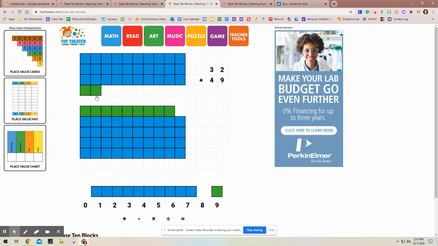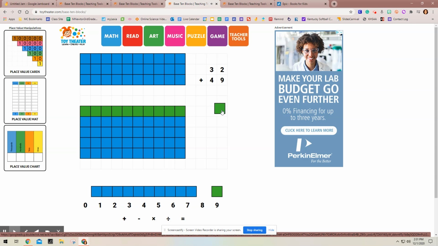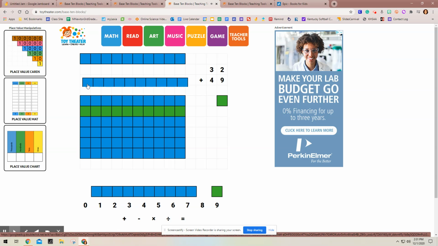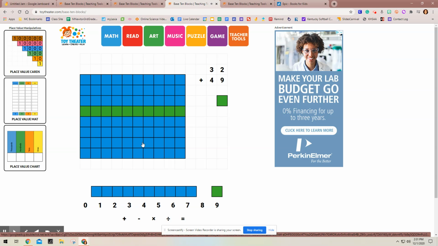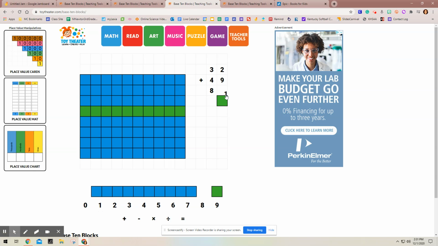We need to make sure we group those up. Well, I just need one more to make this a 10. And that leaves me with 1 left over. So I'm going to drag this down. Now I got to see how many 10s do I have? 1, 2, 3, 4, 5, 6, 7, 8. 8 10s and how many ones? 1. So that gets me a sum of 81.